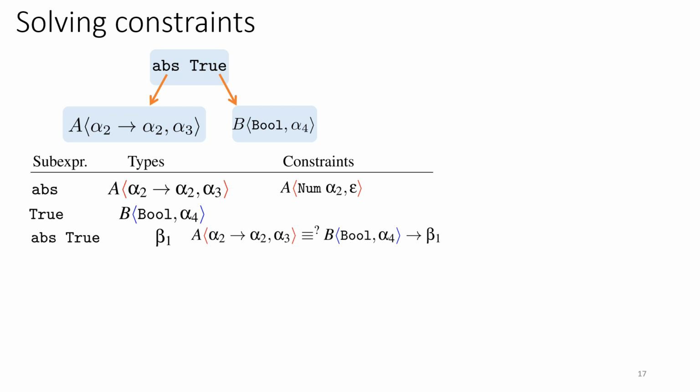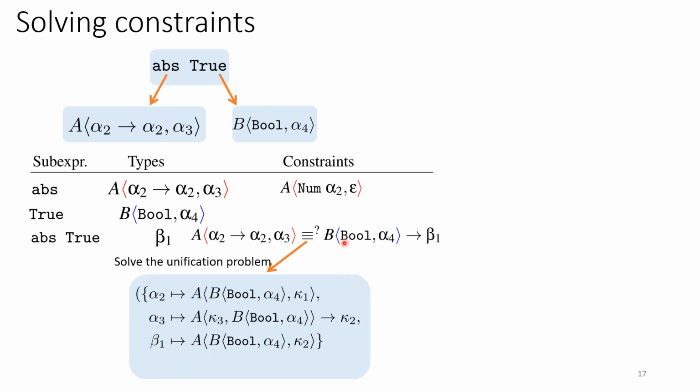Now we have alpha3 and alpha4, and we have to solve them. And we achieve that goal through this constraint solving. We begin by solving type equality constraints. Since this constraint involves choice types, we use the variational unification algorithm that we developed earlier to solve this constraint. And the constraint solving result consists of two components.